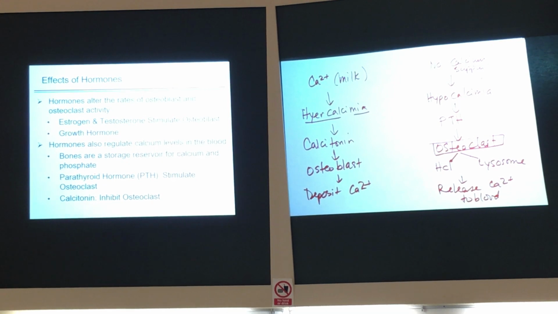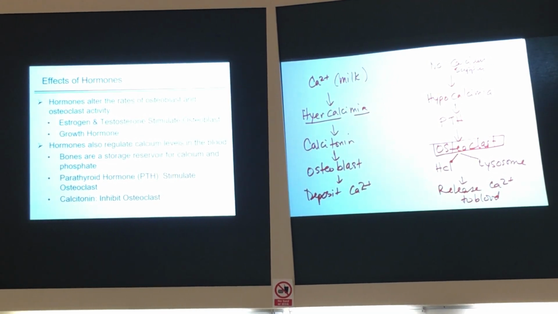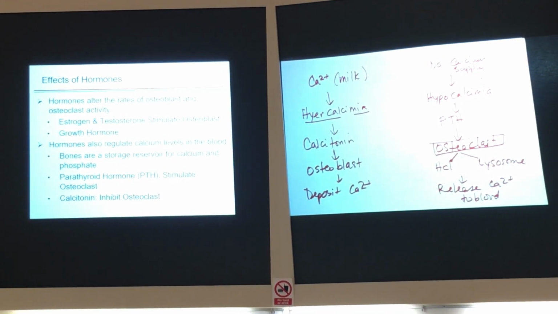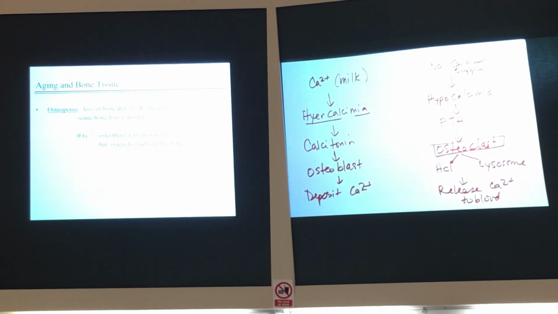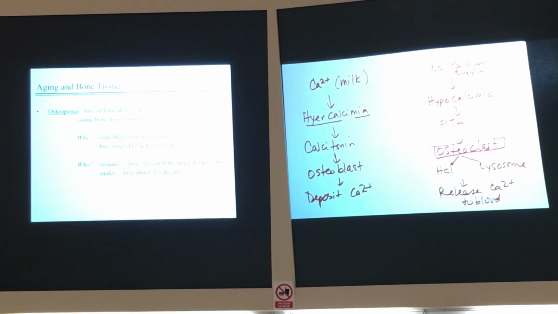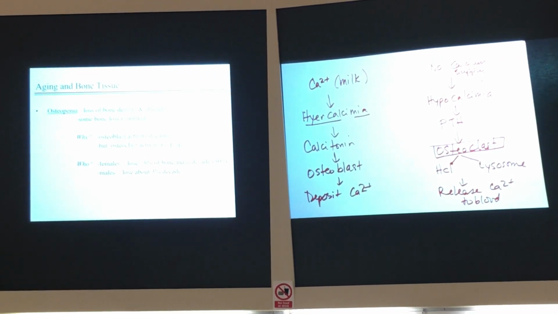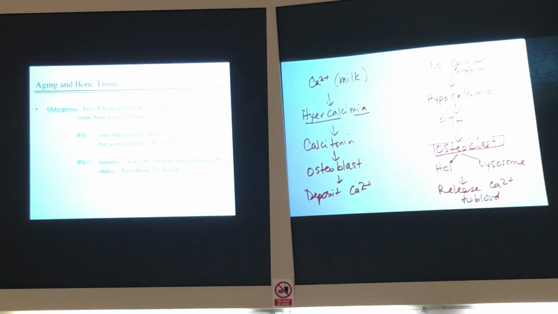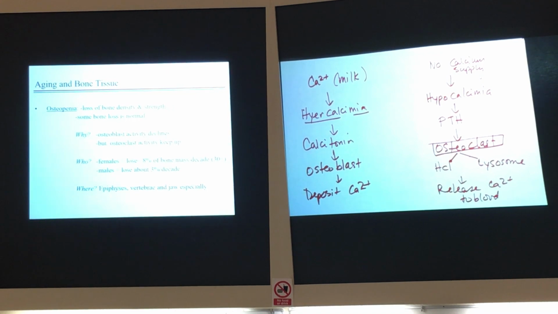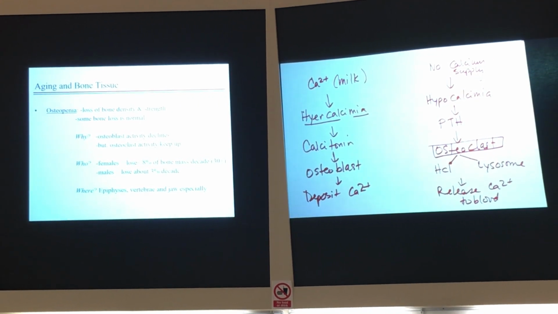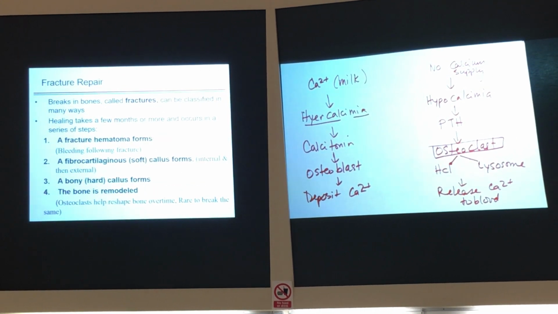If there is no menstrual cycle, that means there is no more estrogen, which means osteoclast activity is no longer held back. Females lose 8% of bone mass per decade, especially after 30. Males lose about 3% per decade. Where? At the epiphysis, vertebrae, and jaw. So it's common to see these areas fracture.